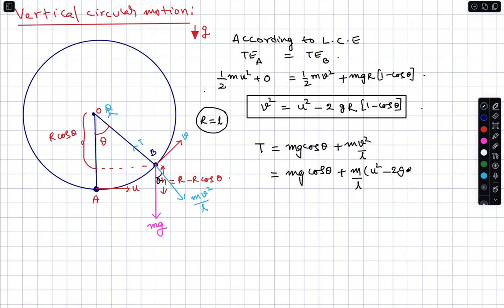So 2g, we will write this as R, 1 minus cos theta.